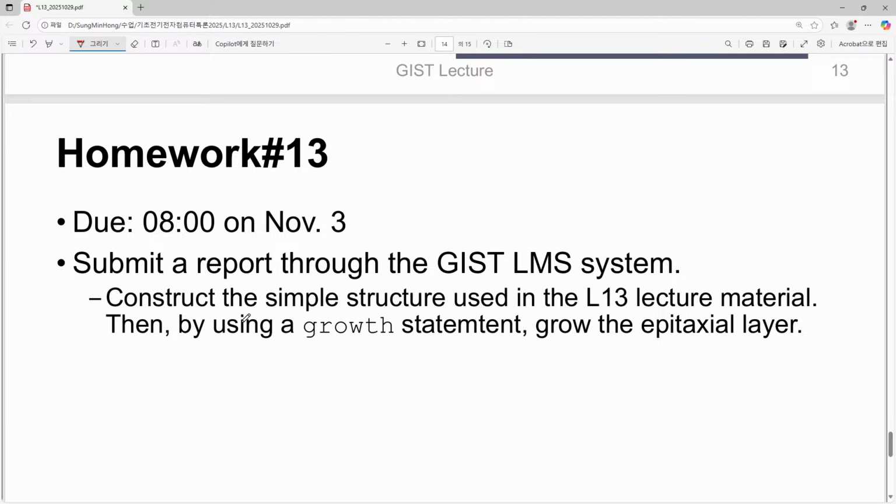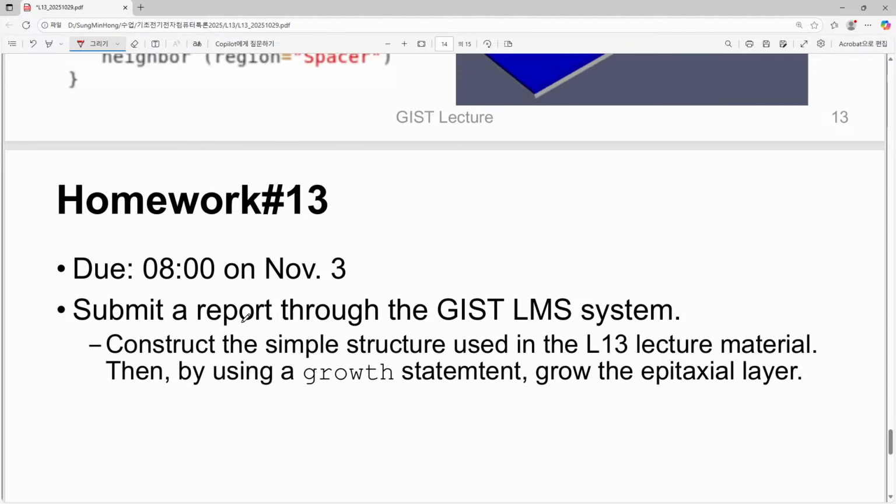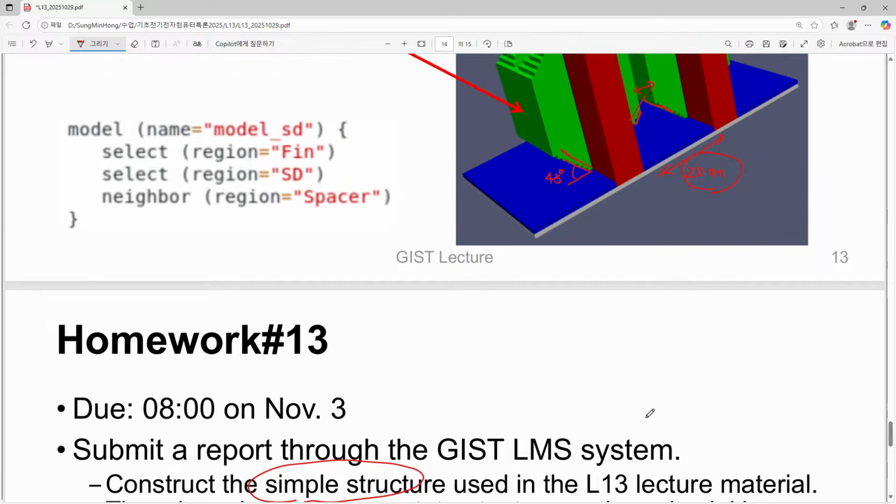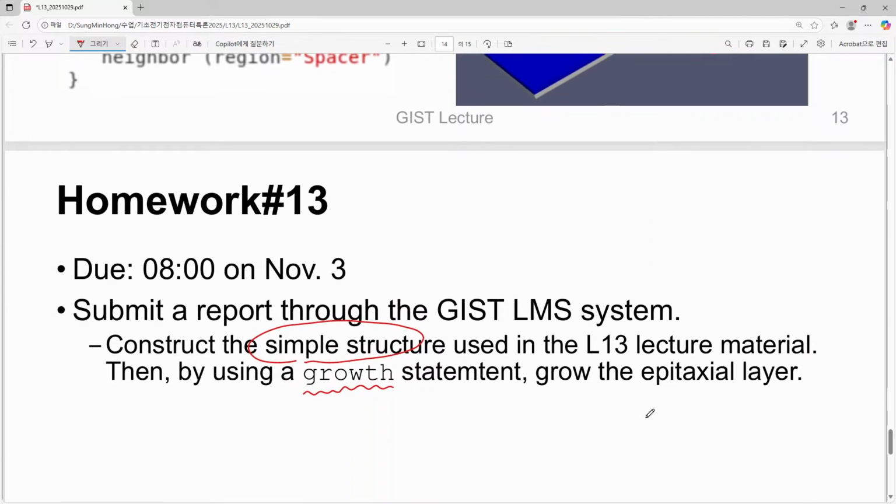So our homework number 13 is like this. Please play with the simple example we have seen in lecture 13. Then, using our newly implemented growth statement, please try to grow the epitaxial layer. Of course, here you have a number specification.